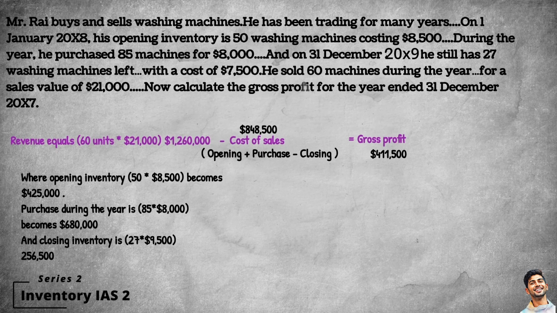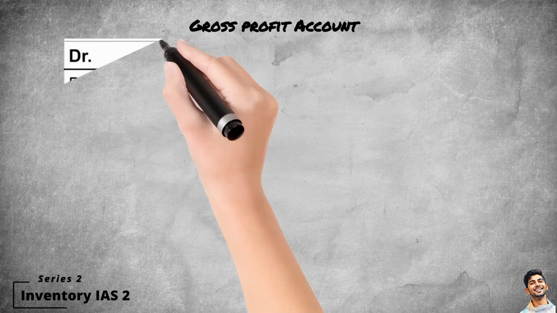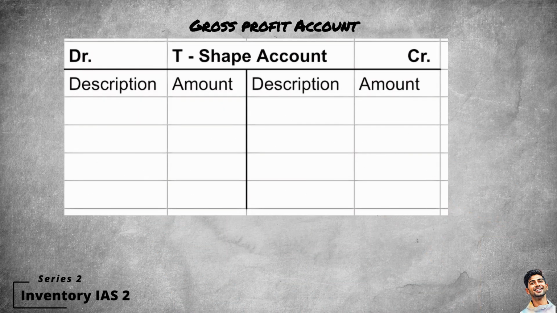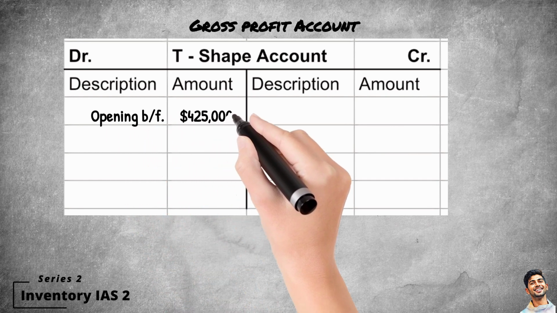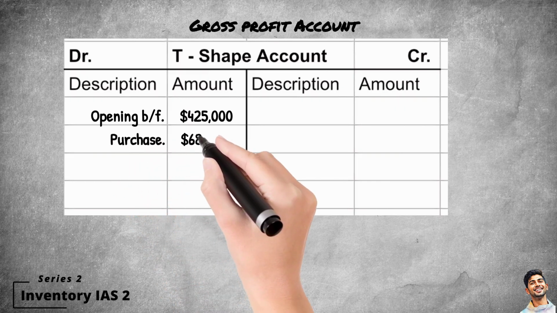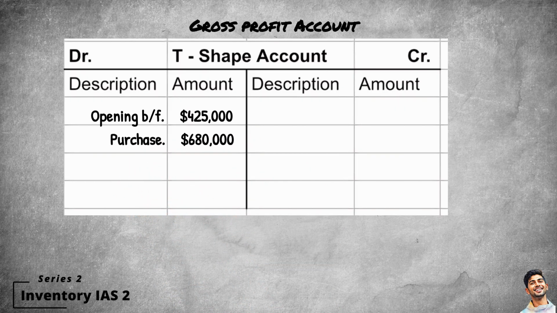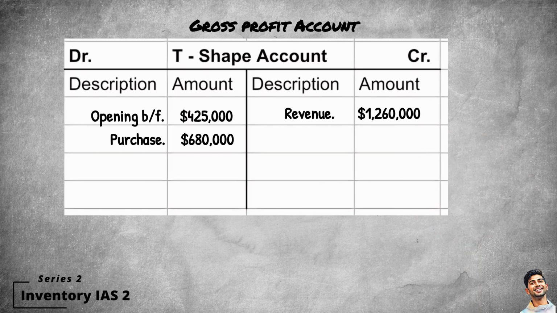However, in the exam, it could be asked by providing one of them as a missing value. Now let's make T-shaped accounts, where expenses are on the debit side, like opening inventory and purchases, and income and reduction in expense are on the credit side.